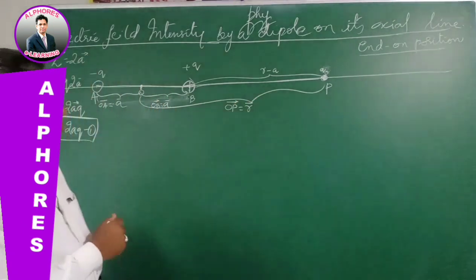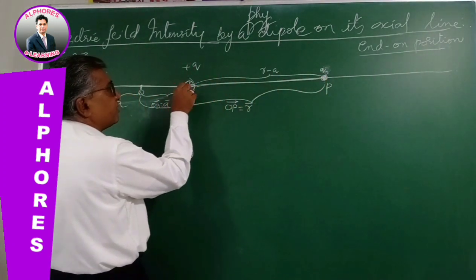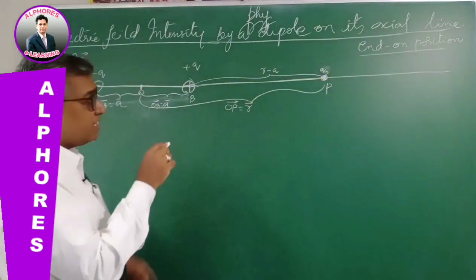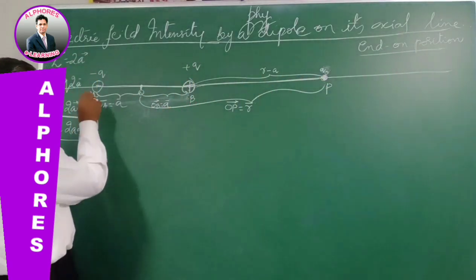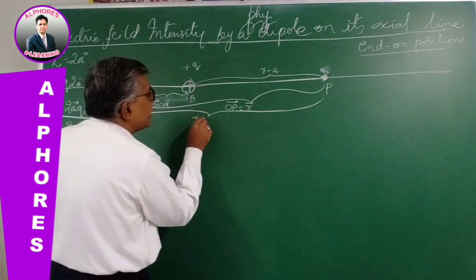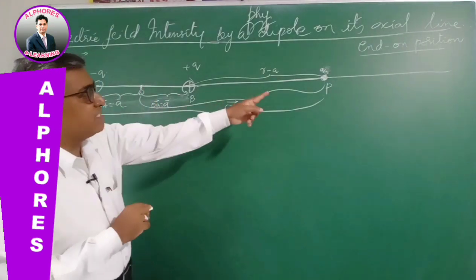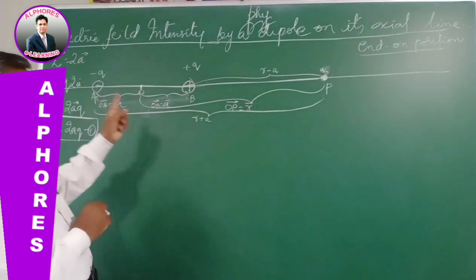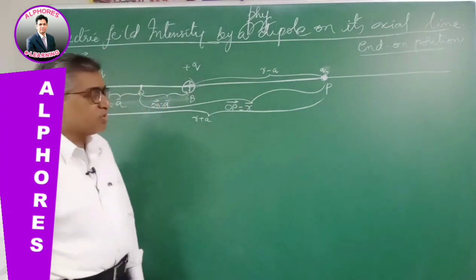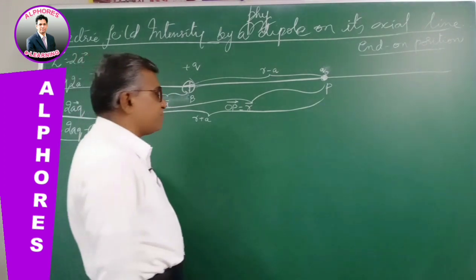So the distance of the charge Q0 from the positive charge is r minus a. Similarly, the distance of the charge from the negative charge is r plus a. From O it is r, so this is the extra distance a, so this is r plus a, and this is r minus a. So this is the configuration, the diagram that is being specified.